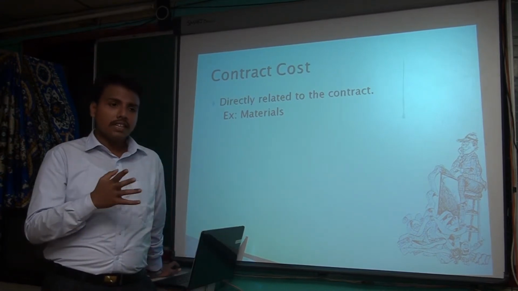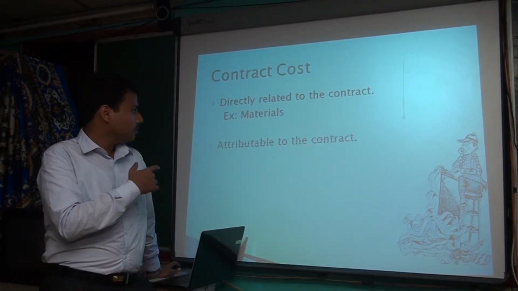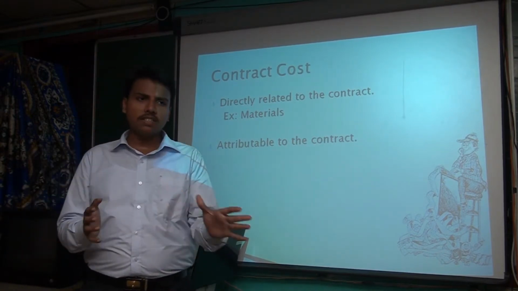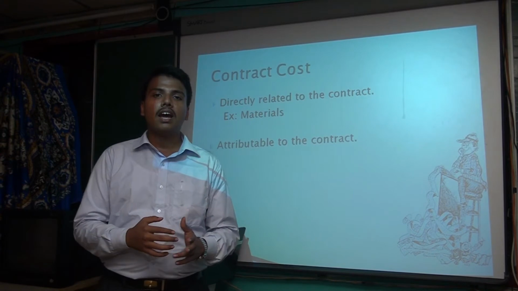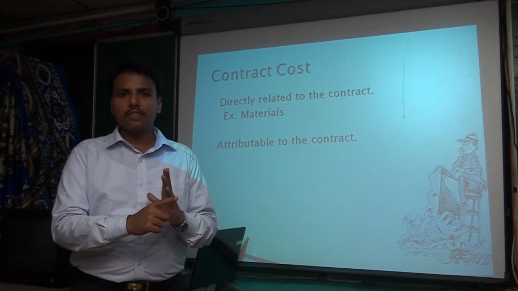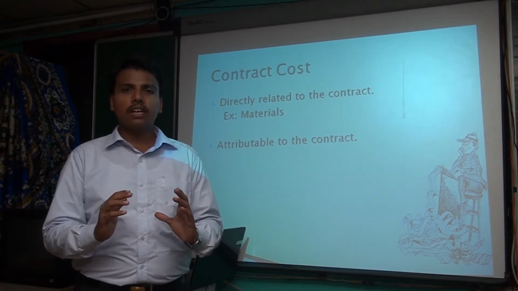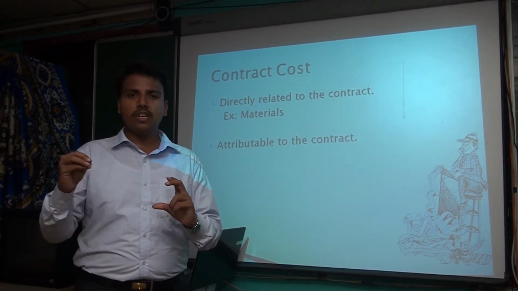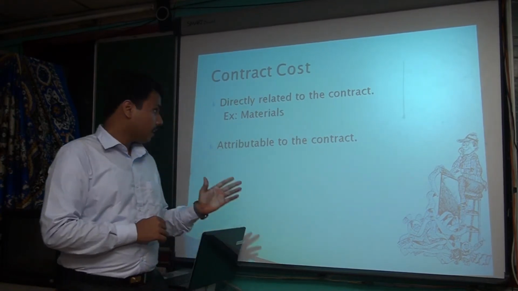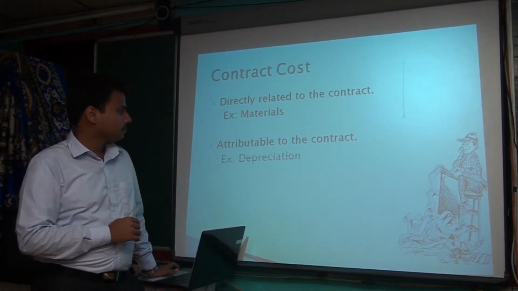The second one is a cost that is attributable to the contract. For example, an entity has 5 construction contracts A, B, C, D, and E, and it operates a small machine for all of them. Depreciation on the machine is allocated or attributed to each one on a reasonable basis. This can be an example of a cost attributable to the contract.